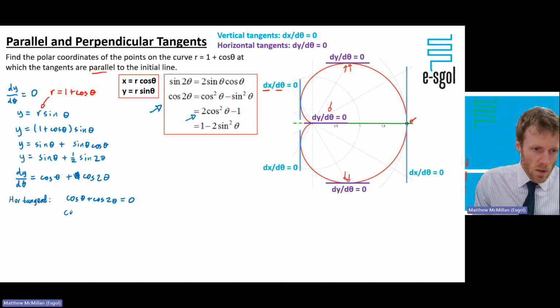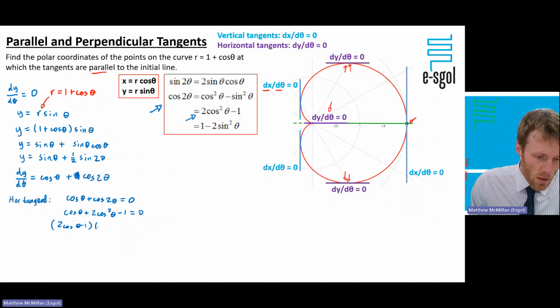So cos theta, and using that double angle identity, it is 2 cos squared theta minus 1 equals 0. So we get 2 cos theta minus 1 times cos theta plus 1 equals 0.